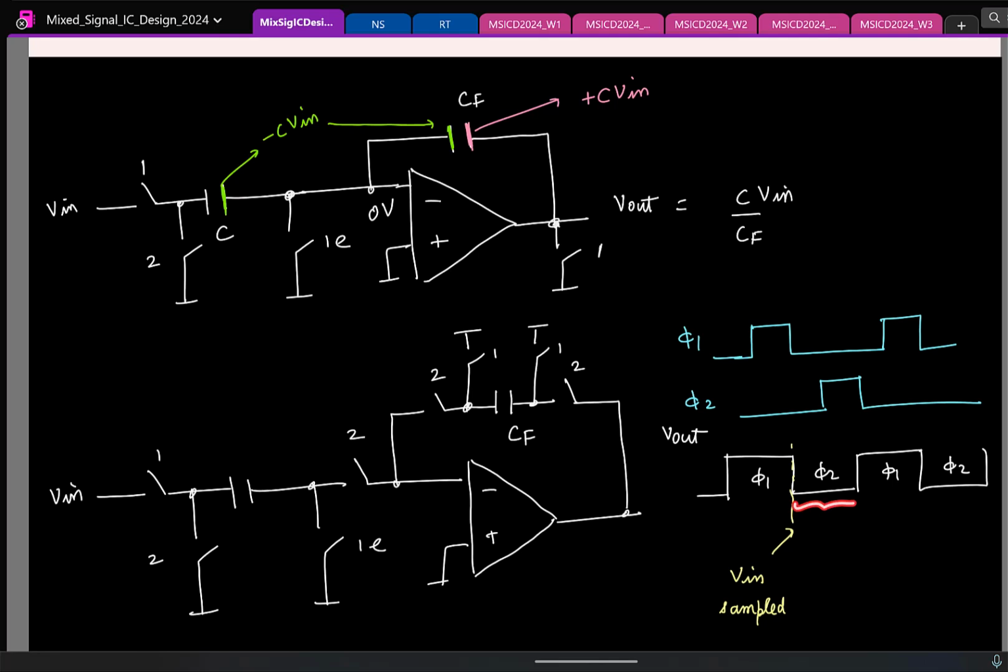So in phi 2 is when we are doing the amplification. So at the end of the clock phase phi 2 is when my output is ready to be processed. So I will say Vout is ready here. Okay. So now you see that there is about half clock cycle of delay from the time my input is sampled in my circuit to the time my output is ready.